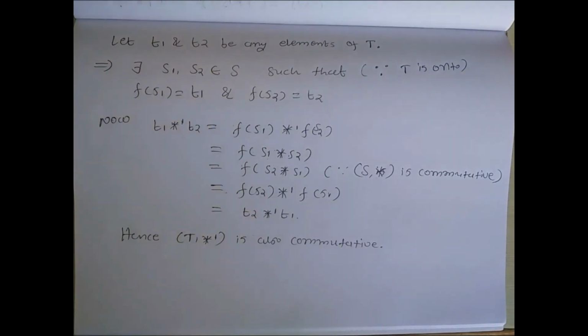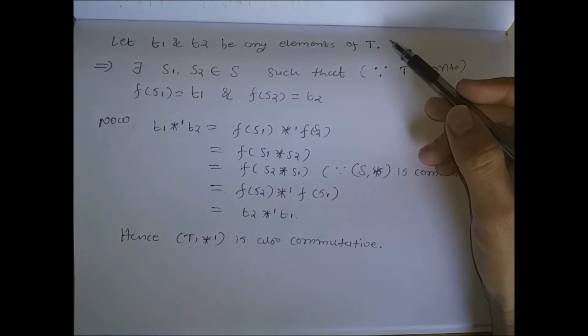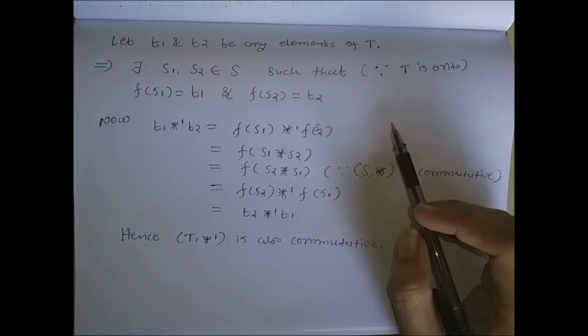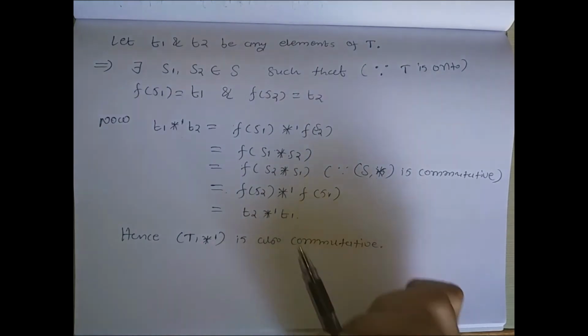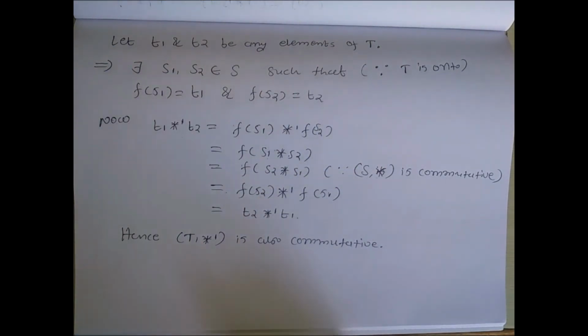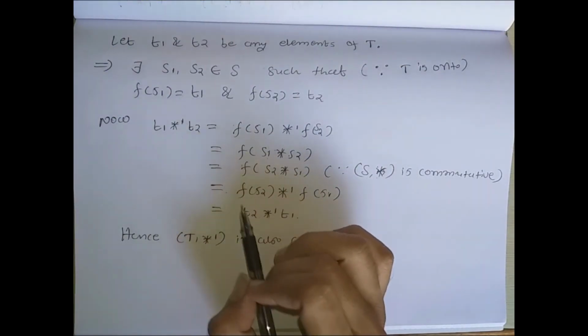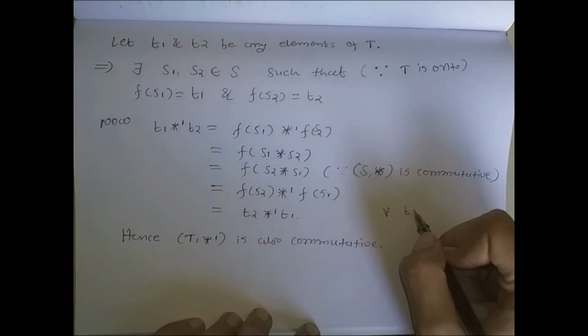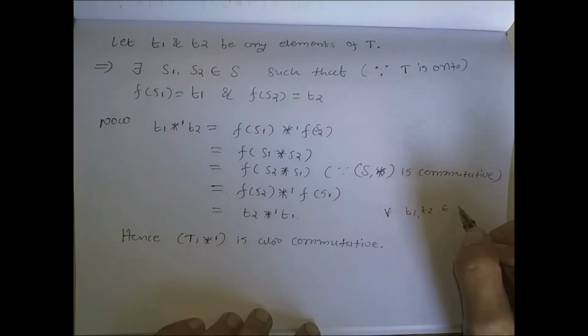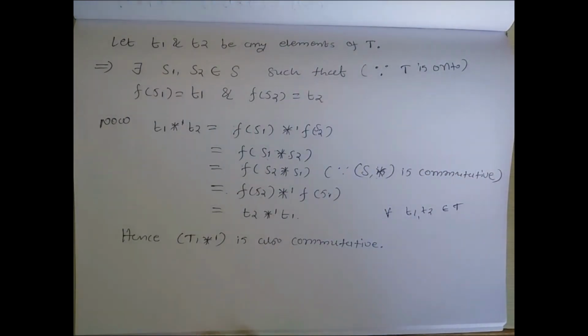Since T1 and T2 are arbitrary elements of T, T1 star dash T2 is equal to T2 star dash T1 for all T1, T2 belonging to T. So this shows that T star dash is commutative.